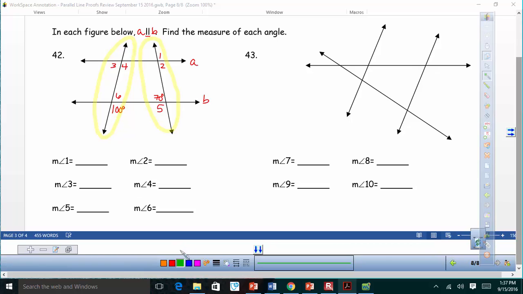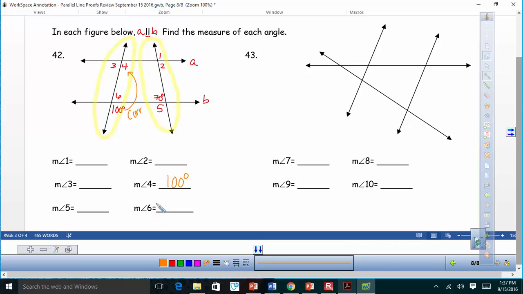Christian? Okay, so you're telling me that 100 and 4 are corresponding. What does that mean? They're congruent. So angle 4 would be 100. Okay, what other relationships do we see there?